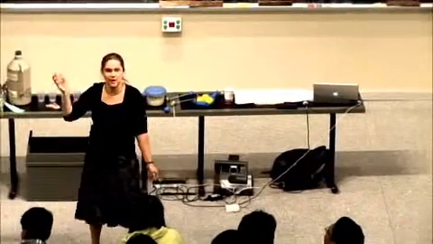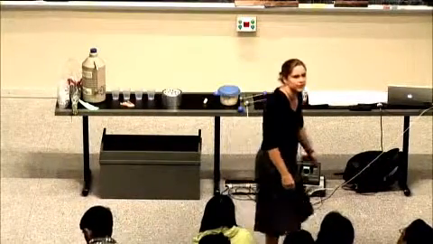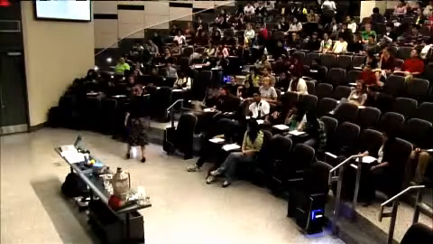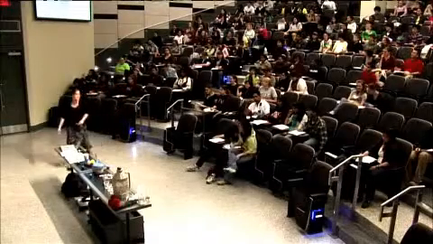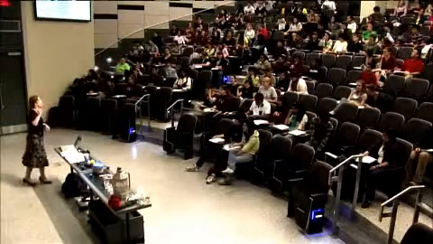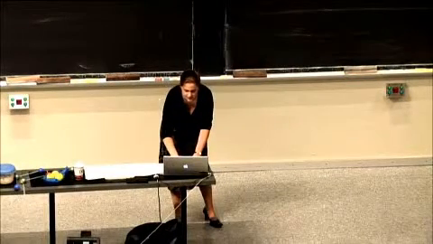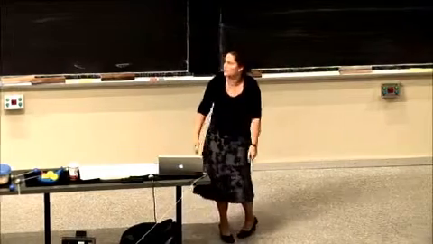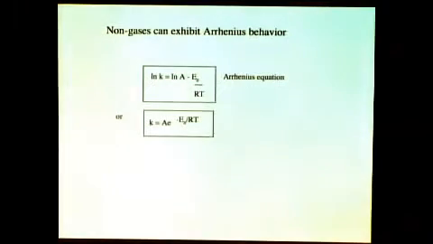So if you're out camping, in the summer, it can be actually quite deafening, and you were very happy to go back to the city where you only have ambulances and cars going, and you don't have this incredible racket at night. You can actually calculate what the temperature is by counting the number of chirps of the crickets and using a little equation. I think you count for 14 seconds and add 40, and that's the temperature in Fahrenheit or something like that. So not only gases do this kind of behavior.